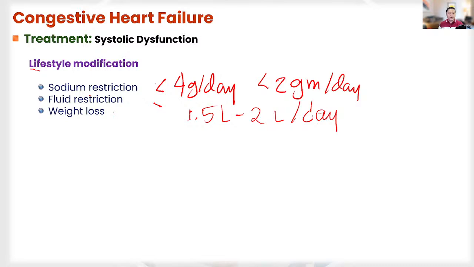Now, another modification here is smoking cessation, because this will help in the overall heart health. It will decrease the vasoconstriction. It will prevent that. Now, alcohol use restriction will also be included if the patient is a drinker or a chronic alcohol abuser. This will also prevent the additional strain on the heart tissue.